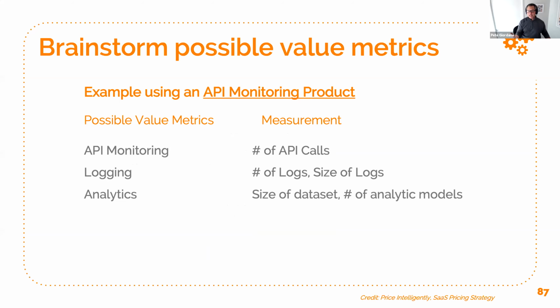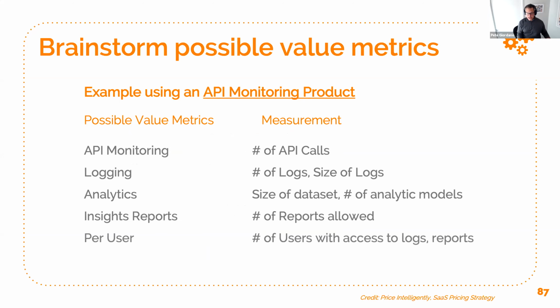Or we could look at analytics, maybe the number of models that are supported, or maybe the number of reports that can be created, or maybe the number of users that can access the dashboard, right? So it's this brainstorming tactic, and then looking at your product and understanding the subcomponents that give you the key to identify your top possible value metrics.